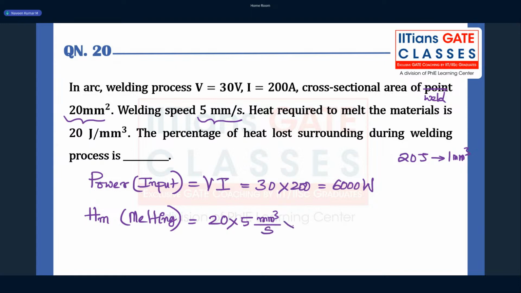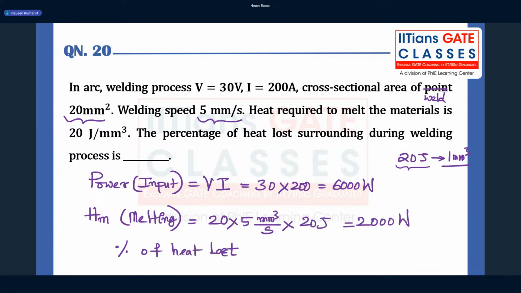So 1 mm cube requires 20 joule, and 100 mm cube will use this much. That is joule per second again, so you can write this as 2000 watt.